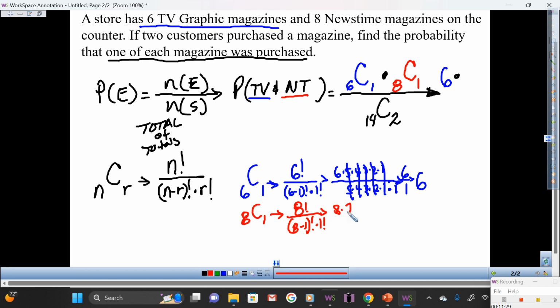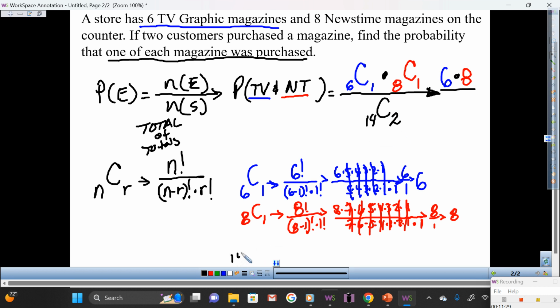And again, 8, 7, 6, 5, 4, 3, 2, 1 over 8 minus 1 is 7, 7, 6, 5, 4, 3, 2, 1 times 1 factorial, giant ones. So this is 8 over 1, which is 8 over. So far so good, yes?